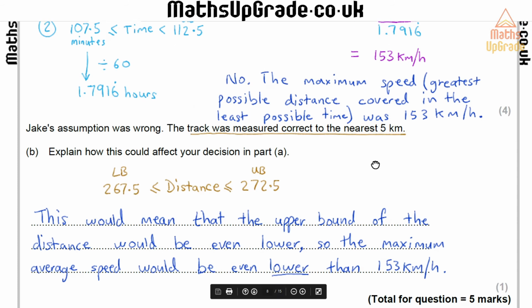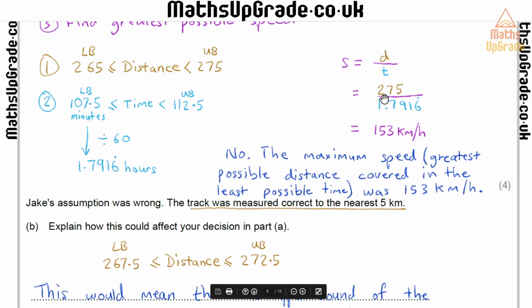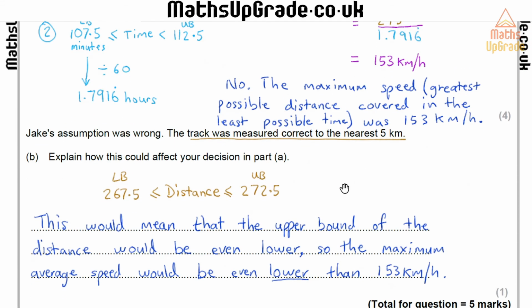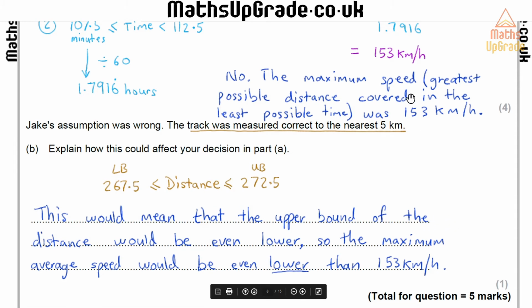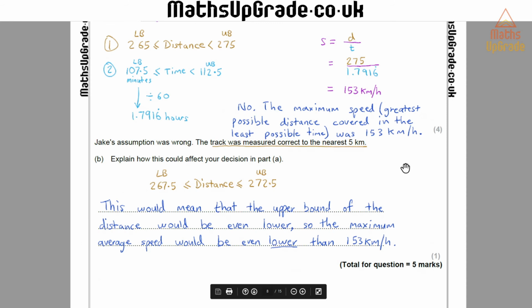If I use 272.5 in this calculation, the upper bound is even lower, so the maximum average speed would be even lower than 153. So that would not affect my decision in part A, because the speed would be even lower. That whole question is worth 5 marks.